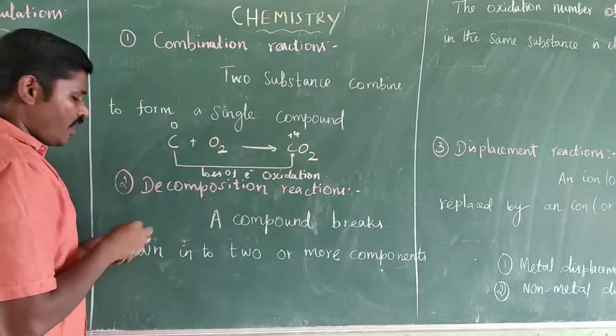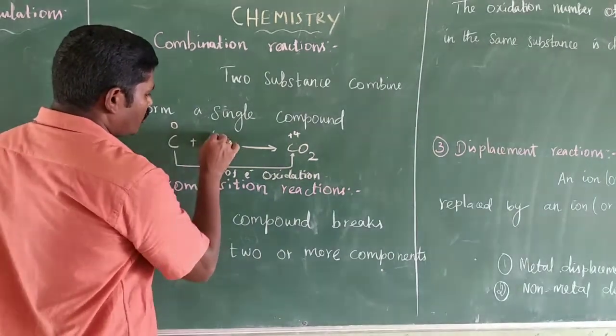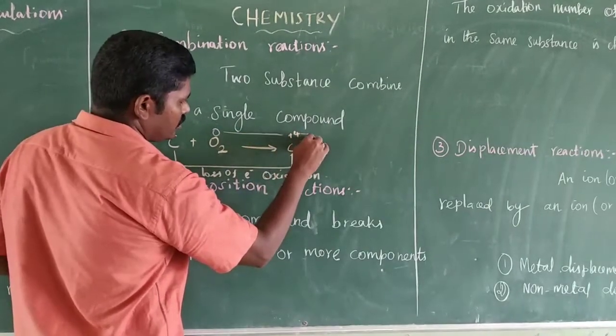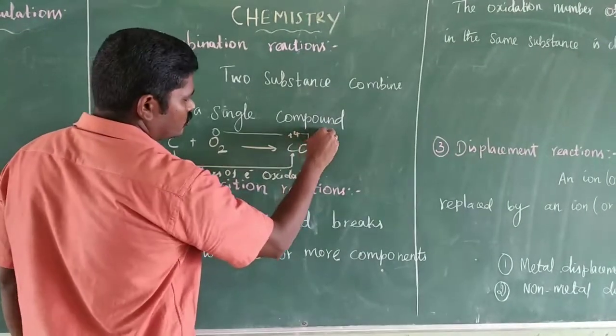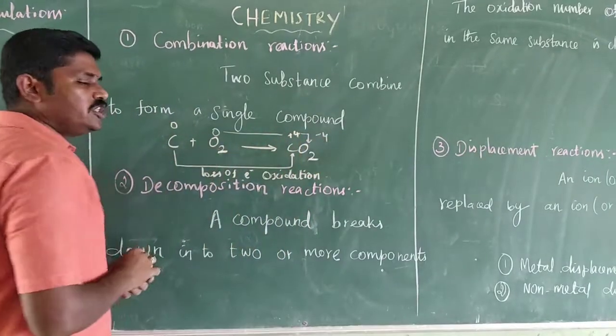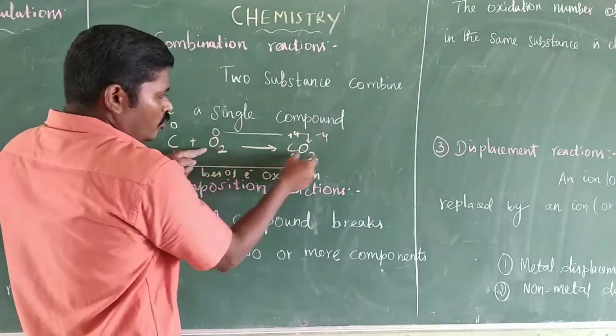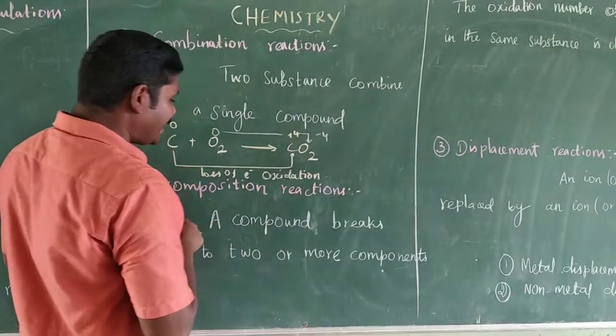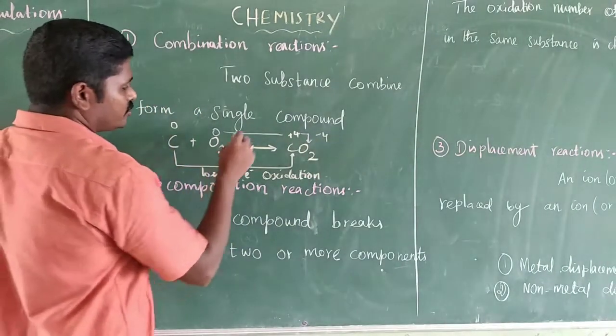Oxygen 0. Each oxygen goes to minus 2, so O2 goes 0 to minus 4. Gain of 4 electrons.